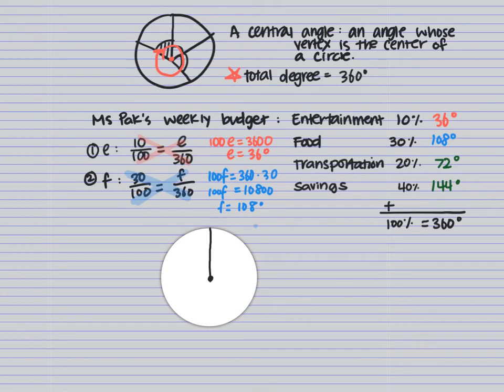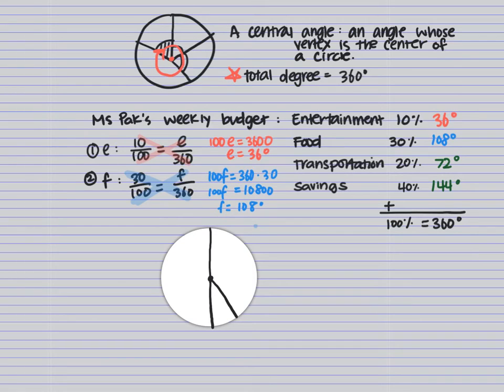Visually, I'm going to measure a little less than half because I want to make 40%. I'm going to work with the biggest part first because it's easier to divide the parts. And then make it like this. So then it's going to be 40%.